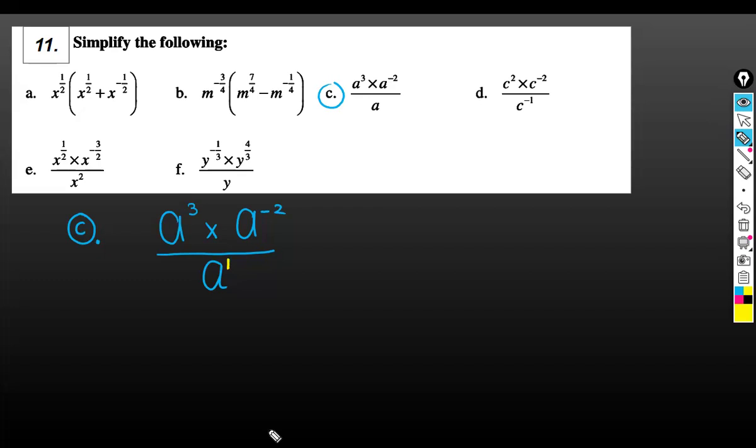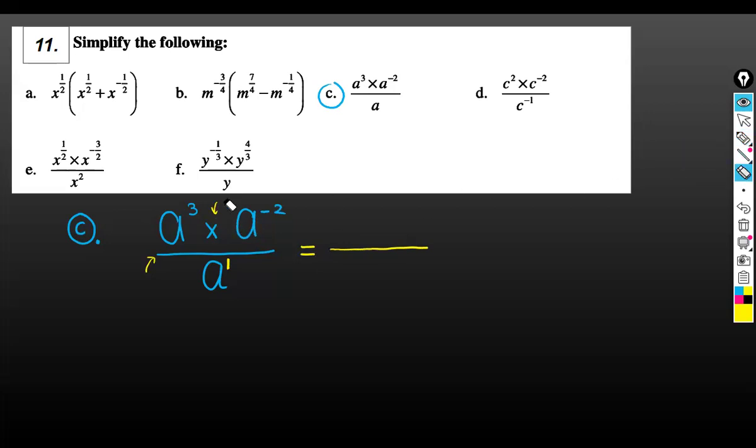Don't ever imagine a power 1 when you're trying to do a question. Physically put it in. So this question has two parts now. It has a top part with a multiply and a divide part. Now, you can't do both at the same time. That's just going to mix you up. I'm going to do the top part first.